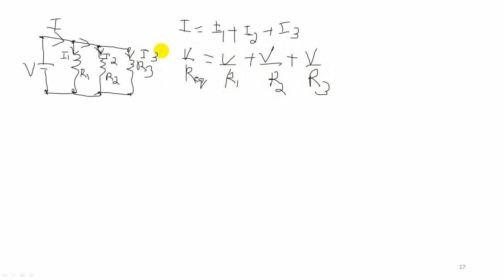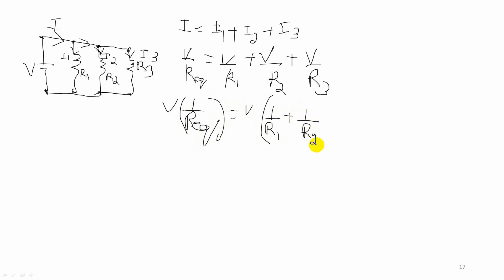If you observe, the voltage is common on the left-hand side and the right-hand side, so we can take the voltage as common. So V by R equivalent is equal to V common, and I can take this as 1 by R1 plus 1 by R2 plus 1 by R3.